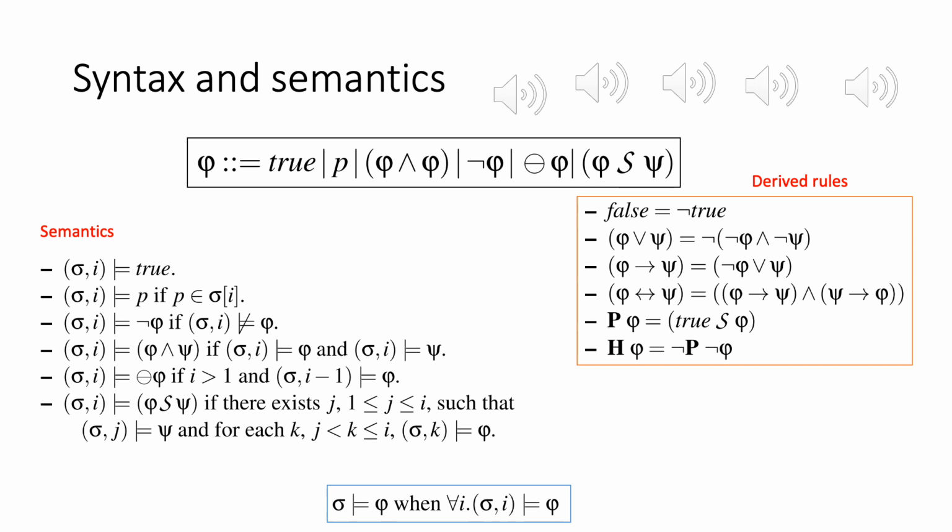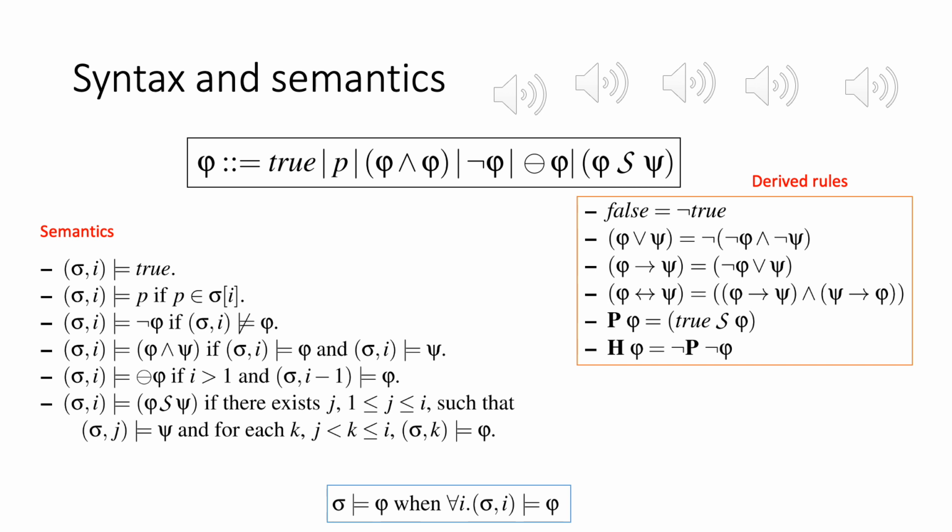The formula previous phi is true if phi is true in the previous state. The semantics of phi since psi is true if there exists a trace position j such that psi is true in that position, and for all later trace positions k, phi is true. At the bottom we see the definition of when a finite trace satisfies a formula.